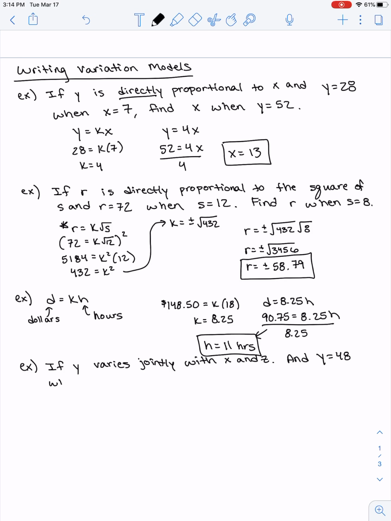Find y when x equals 14 and z equals 20.